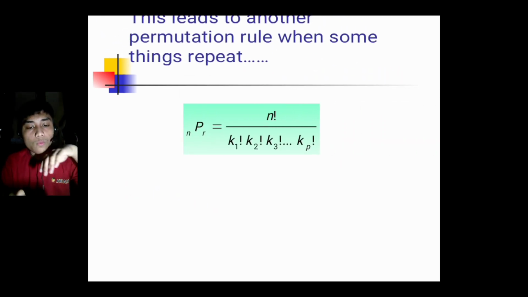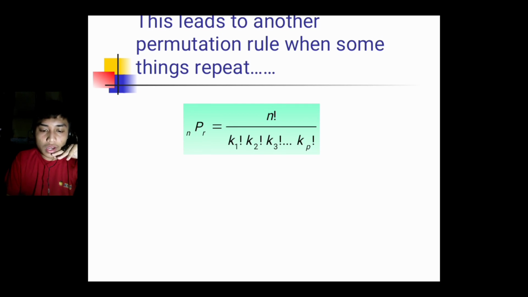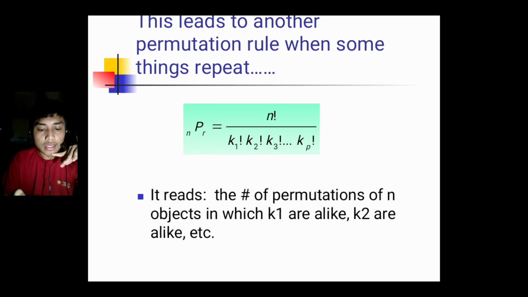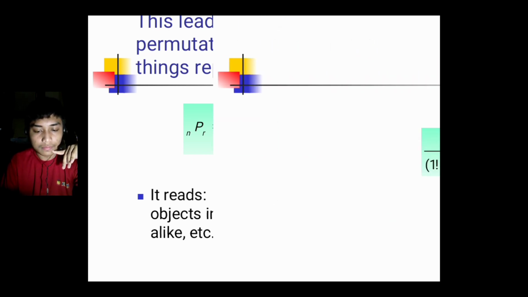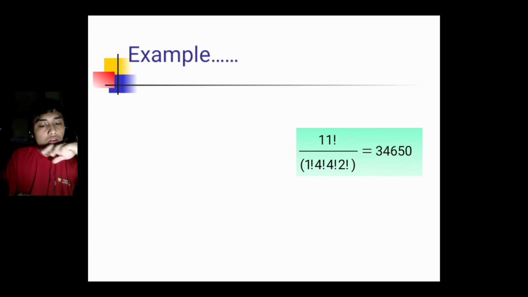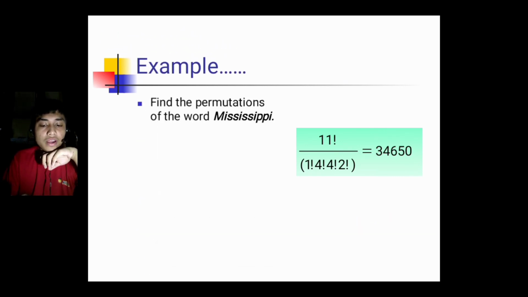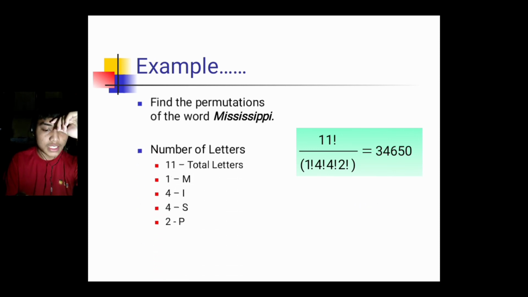So, now, this leads to another permutation rule when things repeat. It reads: the number of permutations of n objects of which k1 are alike, k2 are alike, etc. So, example: find the permutations of the word Mississippi. So, number of letters: we have a total of 11 letters.